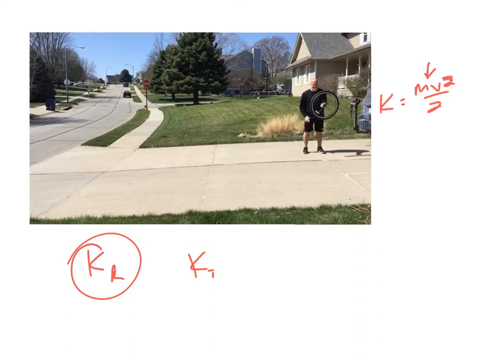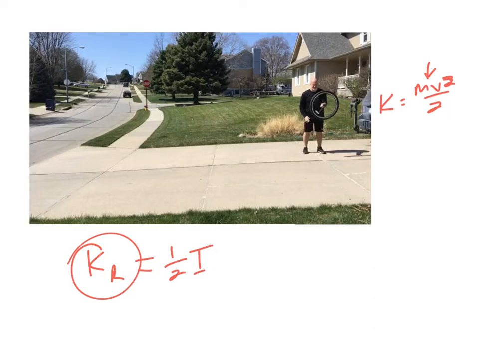That is rotational kinetic energy. Let me get that out of the way. And let's refresh our memory: what does rotational kinetic energy depend on? Well, it depends on the rotational inertia, the moment of inertia of that object.